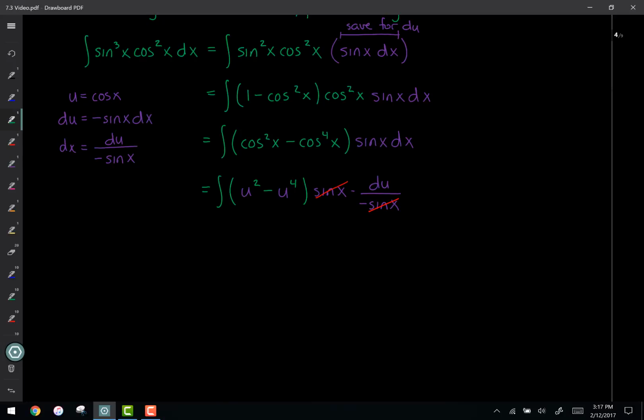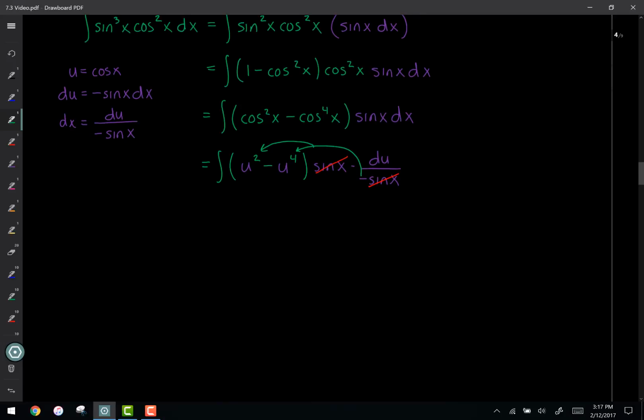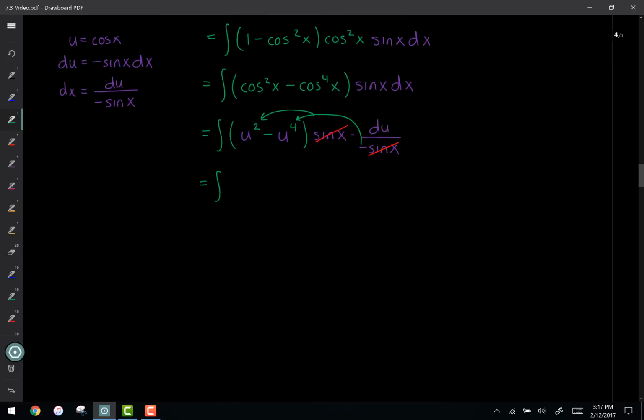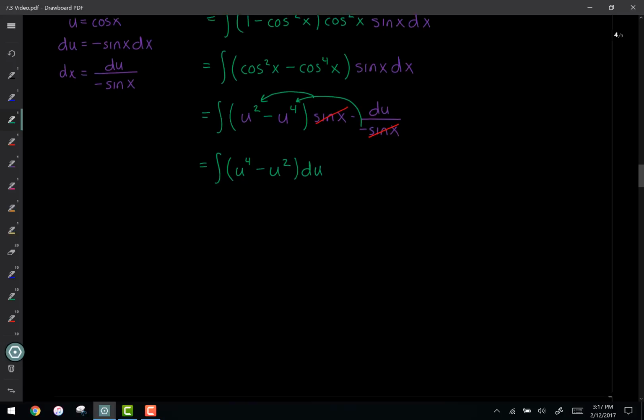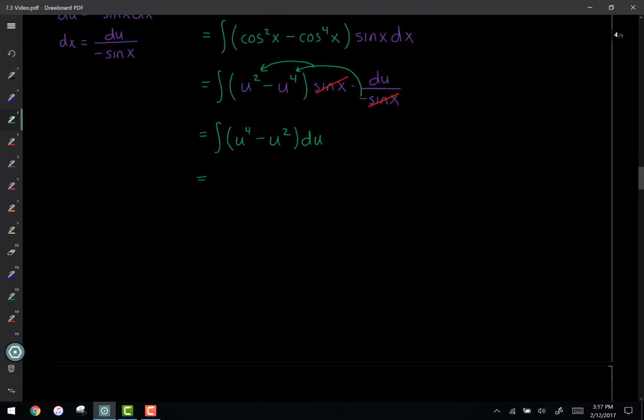Okay, so we're just left with this -1, which all I'm going to do is distribute that -1 into here. It's just going to flip those guys around, just so I don't have to deal with a negative out front. So this will be the integral of u to the fourth minus u squared du. And then just power rule that. So this will be 1/5 u to the fifth minus 1/3 u cubed plus c.